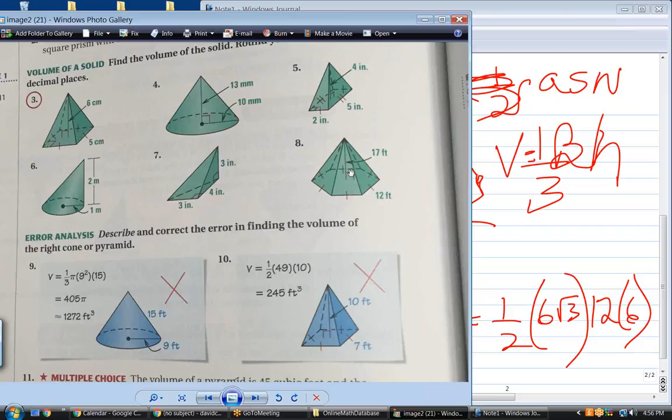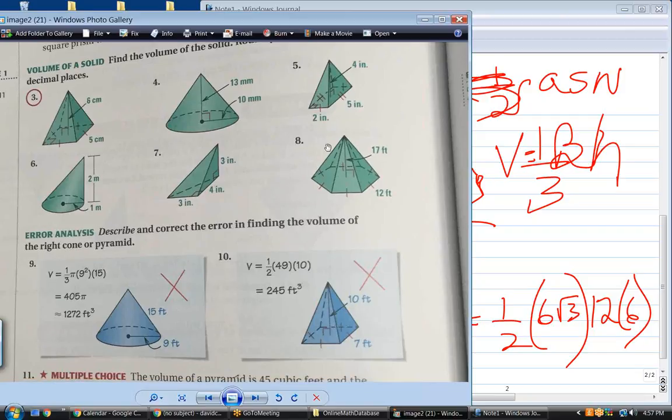But when you're doing volume, you want vertical height. So if they were to give us a slant height, we're going to have to create some triangles to figure out what the vertical height would be. But in none of these problems do they give you a slant height. So the first 5 of these are extremely straightforward. This is the only tough one, number 8, because we have to figure out what the area of that hexagon was.